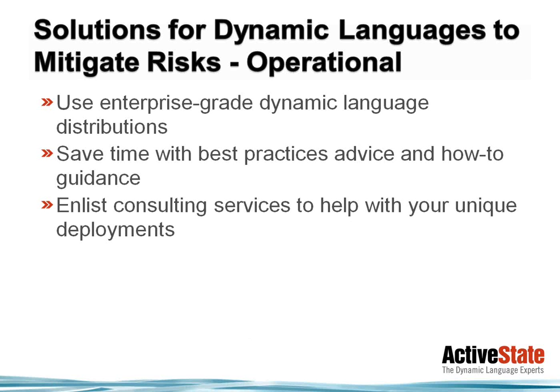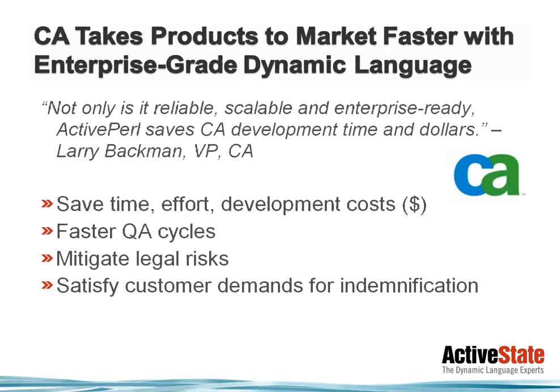So with that in mind, I want to move on to the next slide, because I would like to just briefly talk about an example of a specific customer we've worked with, both from an enterprise support perspective and also an OEM perspective or a redistribution perspective. So Computer Associates, or CA, has worked with us for a number of years, and we've saved them significant development costs and time, and we provide faster time to market because they have standardized over our versions of the distributions.